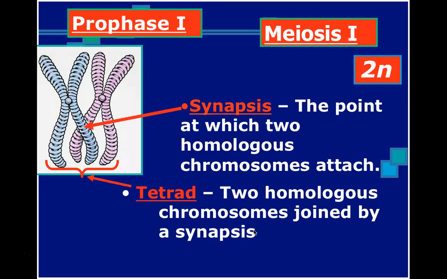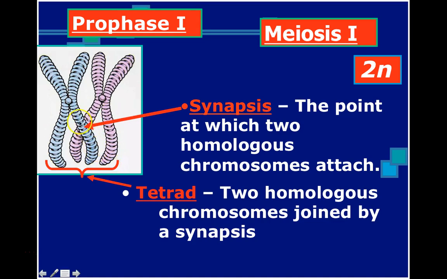So first, let me just show you the synapsis and the tetrad like I showed you before. So here is one homologous pair. Here is one full chromosome. Here is another full chromosome. Together they form a homologous pair. And when they meet, they form a synapsis.